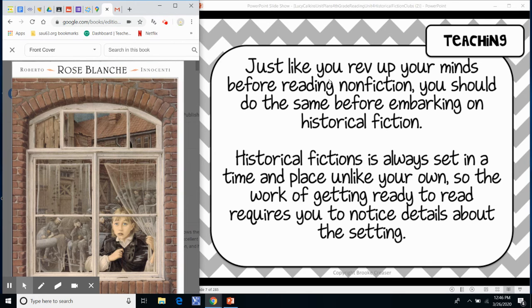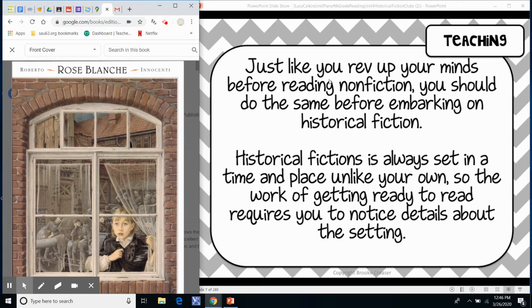And so just like you rev up your minds before reading nonfiction, you should do the same before embarking on historical fiction. Remember, we used to talk about preparing ourselves for nonfiction, getting through those tough spots. It's kind of the same idea with historical fiction, because now you're becoming a kind of detective, using the clues in the book that the author has given us to figure out the setting and the mood of the story you're reading.